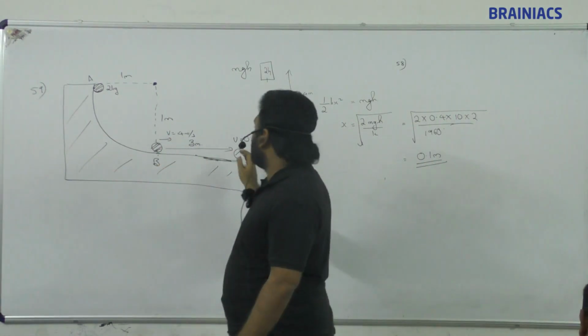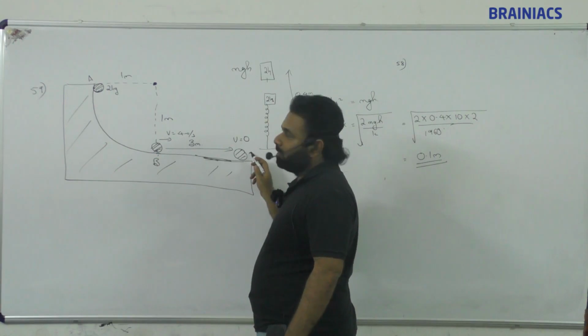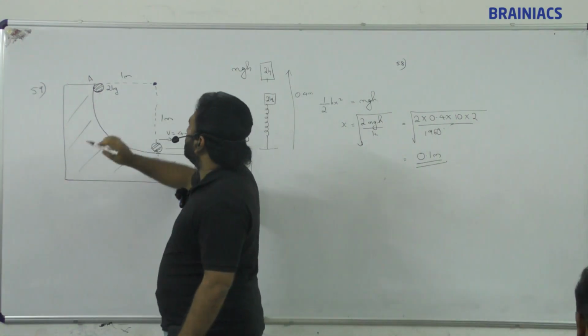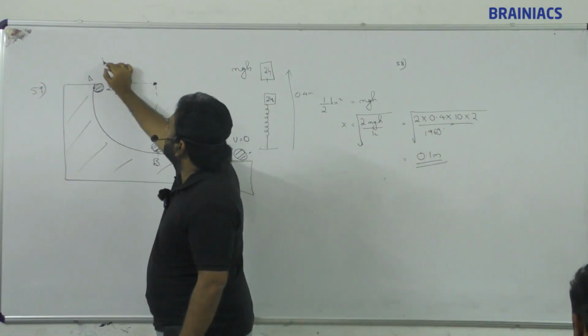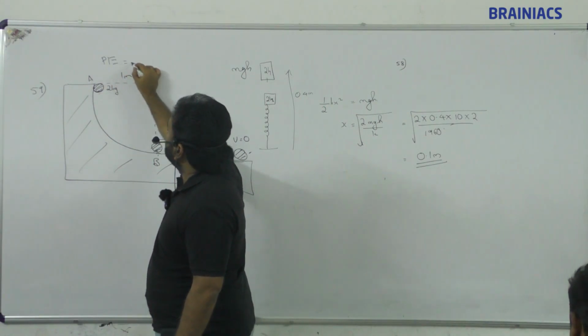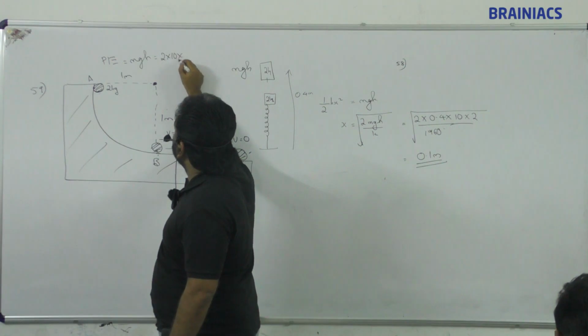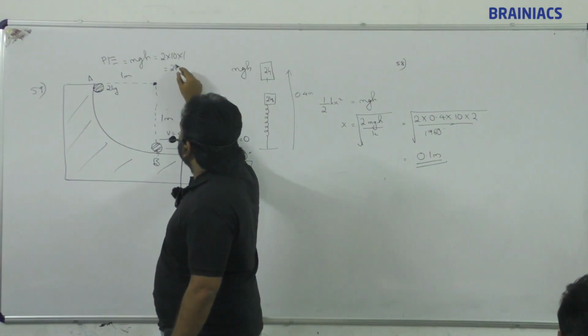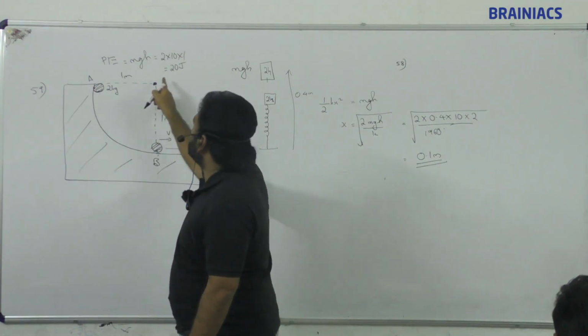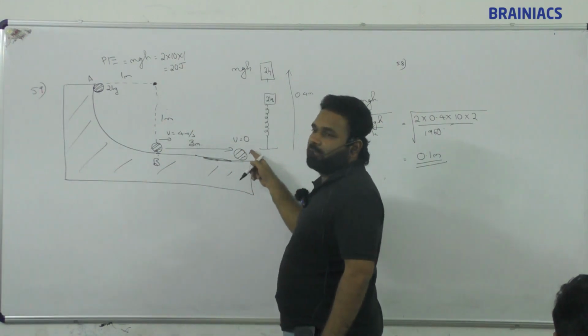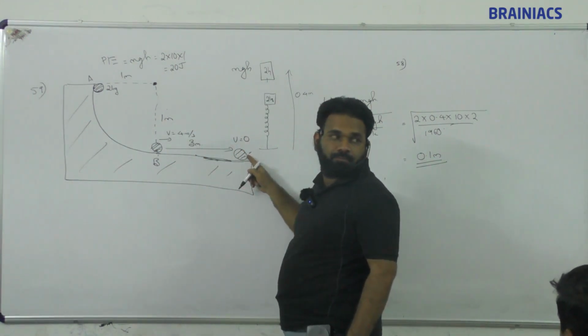It stops here, and this is 1 meter. So the potential energy is mgh, which is 2 into 10 into 1, 20 joule. This 20 joule is the work done against friction.